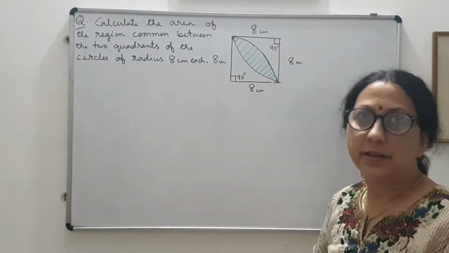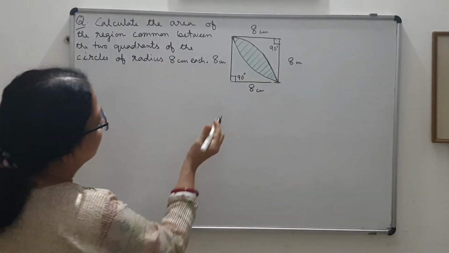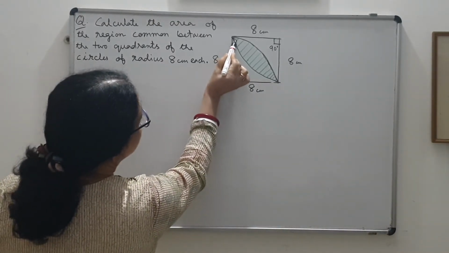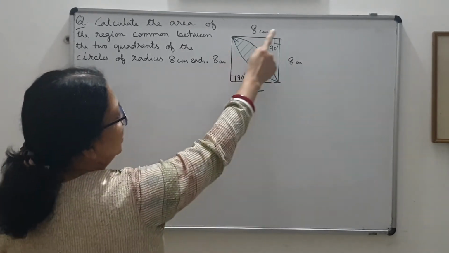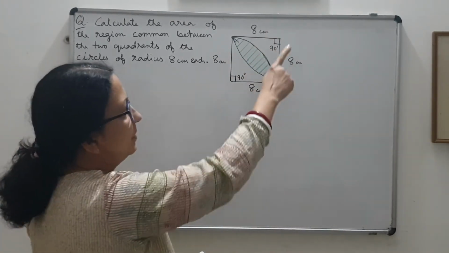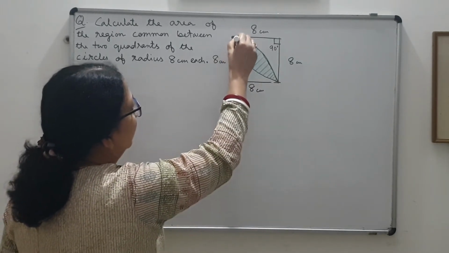So how to find this out? For that, what will I do? First of all, I will join this diagonal. Actually this forms a square, you see, as all the sides are equal and this is 90, 90, so obviously this is a square. So I will be joining this diagonal of the square.